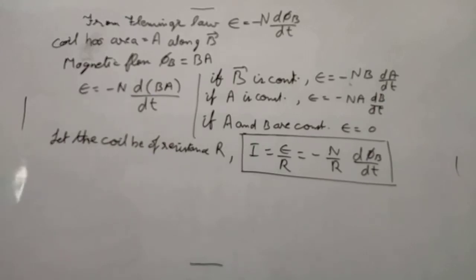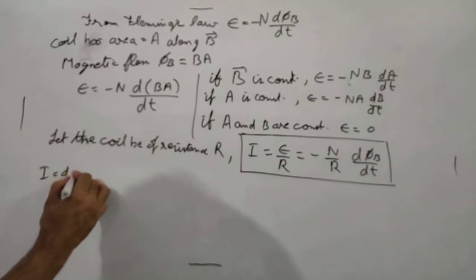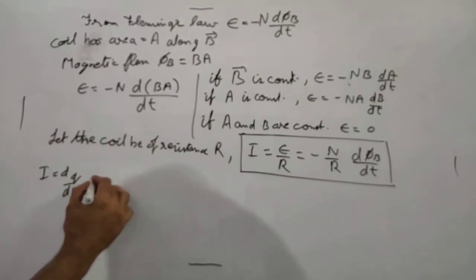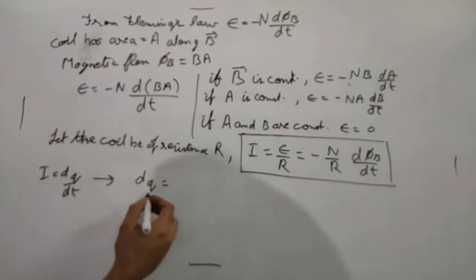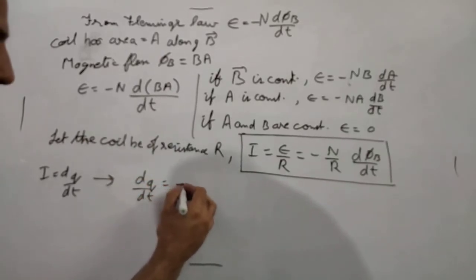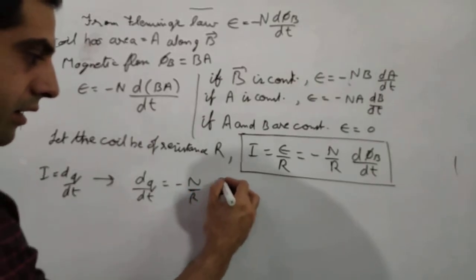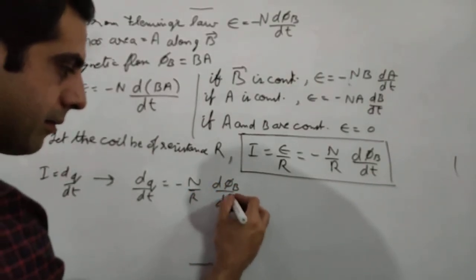Now we know that current is the rate of flow of charge. We know that I equals dq by dt. So if we use this here, then we can write dq by dt equals minus N by R d phi by dt.